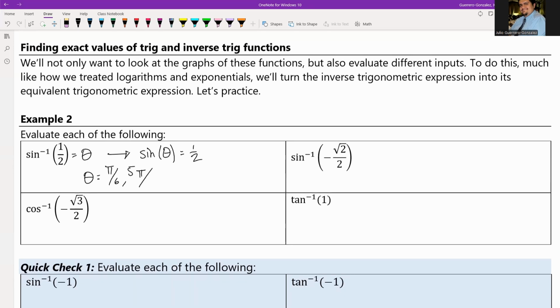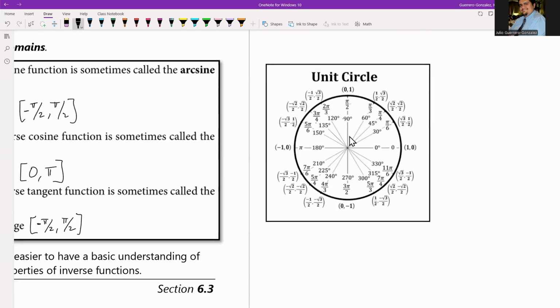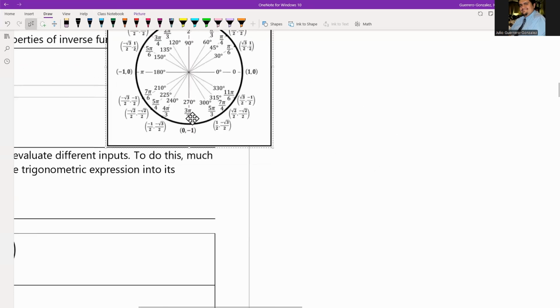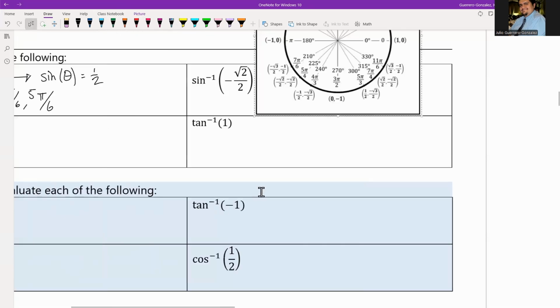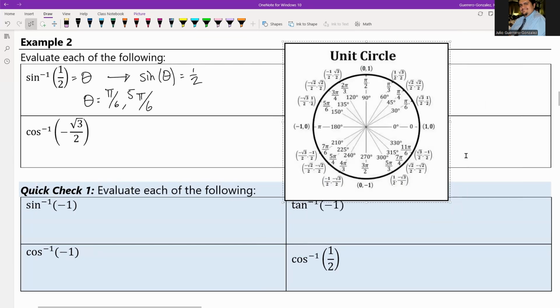Now, remember what I said. The range for sine inverse is just from negative pi over 2 to positive pi over 2. Let me grab my unit circle that I brought and put it right here. So look at this.